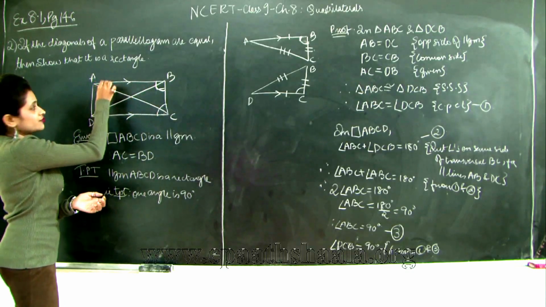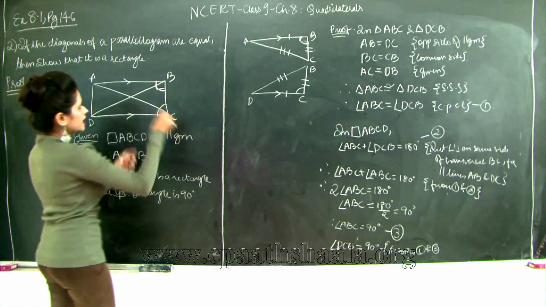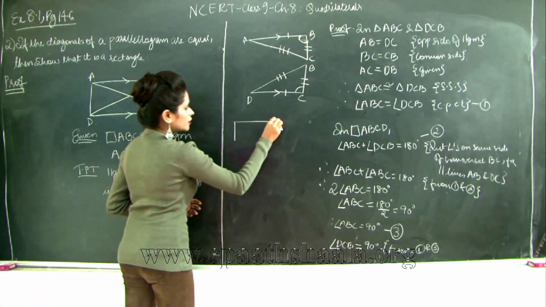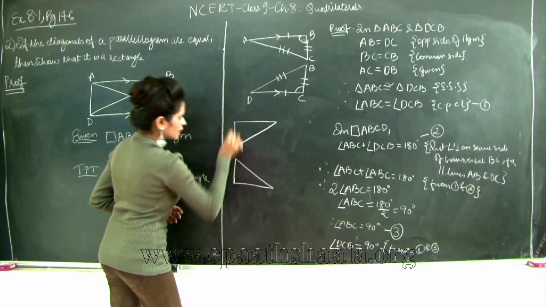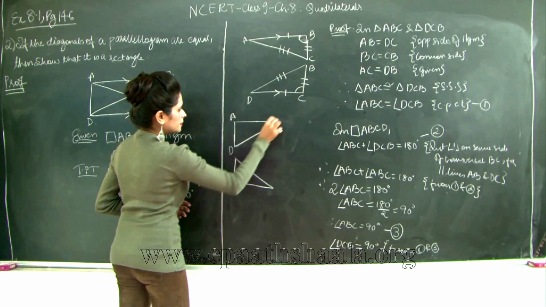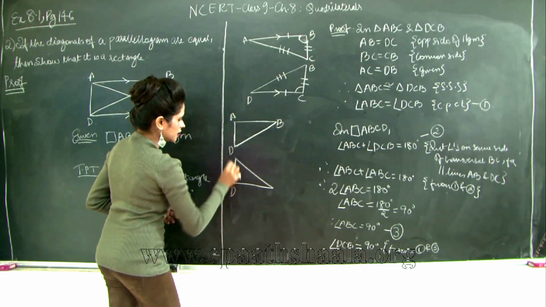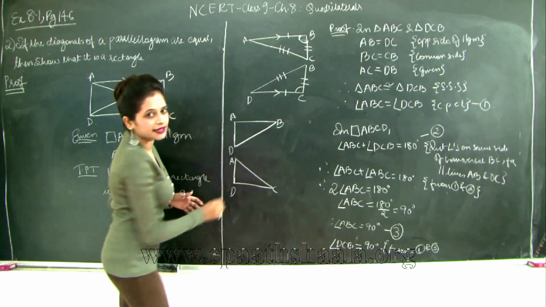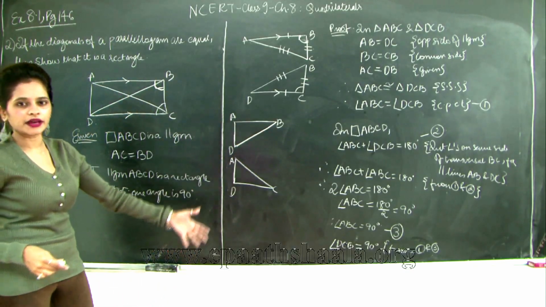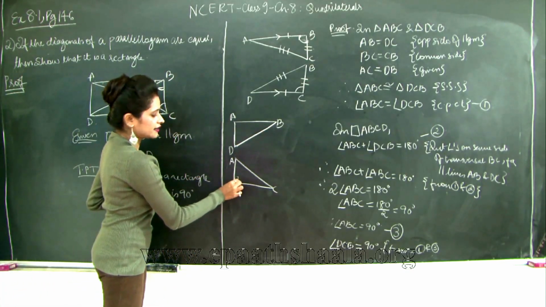Similarly, you can take these diagonals and these pairs of triangles. For example, you can take these 2 triangles, ADB and DAC, and you can similarly prove them congruent by the SSS test of congruence and follow the same method and prove that one angle is 90 degrees.